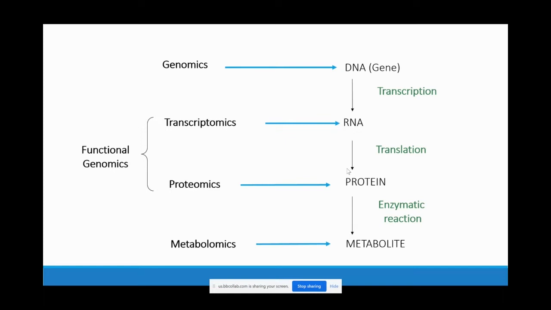And each of them is related to a particular area of that central dogma that we talked about in biology. So there's genomics, again, which is the study of the complete set of genes or DNA in an organism. There is transcriptomics, which is the study of a complete set of RNA in any system.